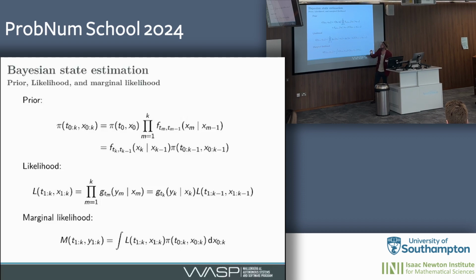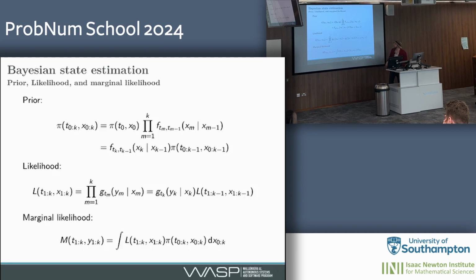The joint density up to k is equal to the joint density up to k minus 1 times the transition density from k minus 1 to k. That's the Markov property. And our likelihood of the path up to k is just the product of all the g's up to k. It also has a Markovian structure: it's the likelihood of the path up to k minus 1 multiplied by the latest g, that is g_k.